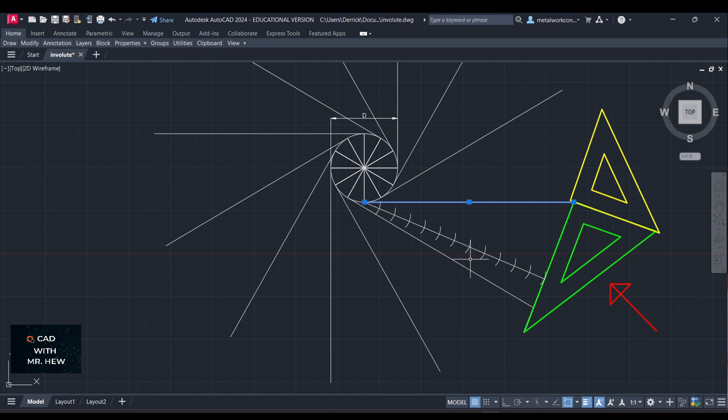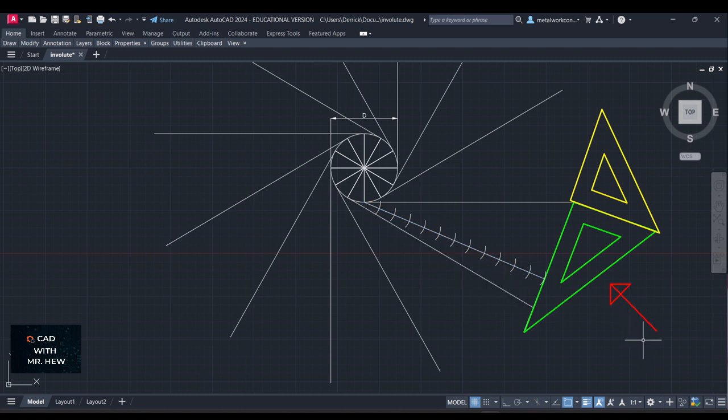So the first step is to draw this line at any angle. Then we use our compass to mark off 12 arcs of the same radius starting from this point, where that red dot is.